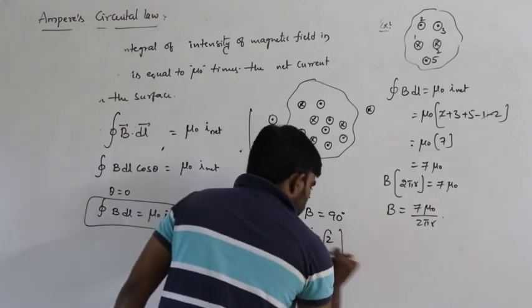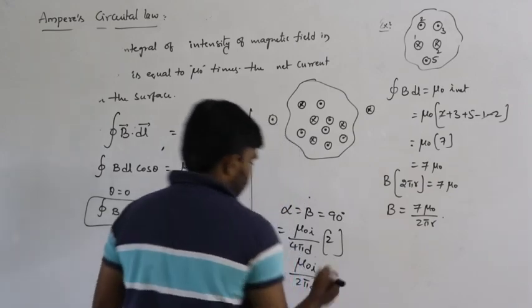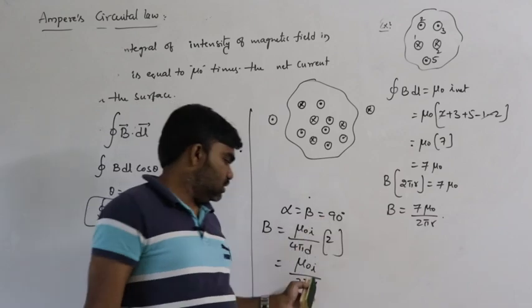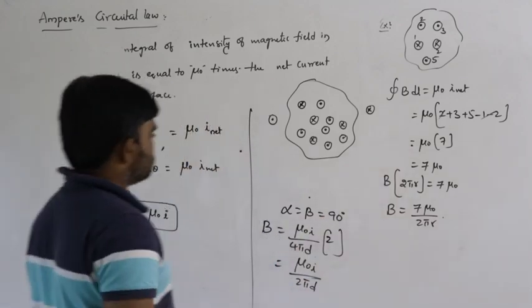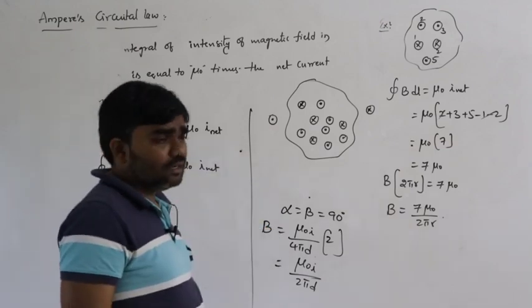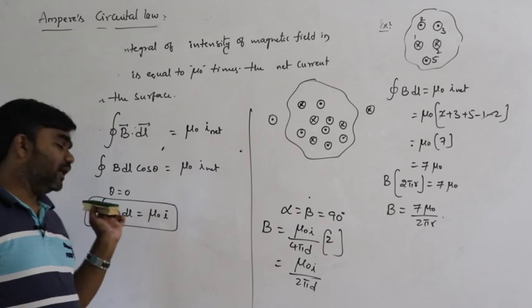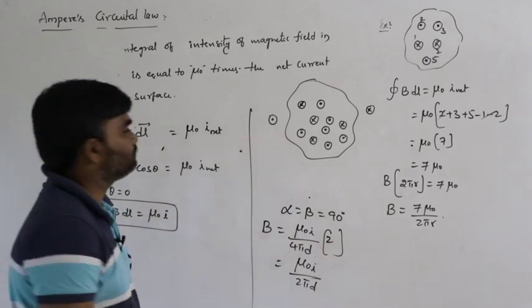So that is 2 mu naught I by 4 pi d, which is mu naught I by 2 pi d. Here we are considering R, but it is d, that is all. So by using Biot-Savart's law also we can calculate, but for the simple calculation we are considering Ampere's circuital law, integral of B dl is equal to mu naught I.